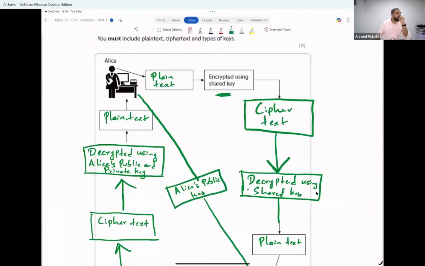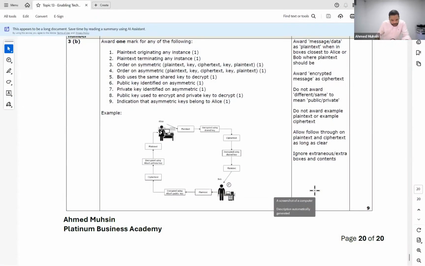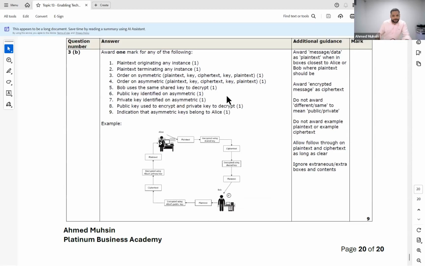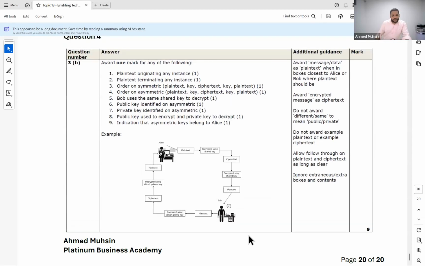Everybody, do you realize? They haven't done it, but in the marking scheme it's mentioned: public key used to encrypt. Okay, indication. Alice giving the public key to Bob, that's not there, isn't it?